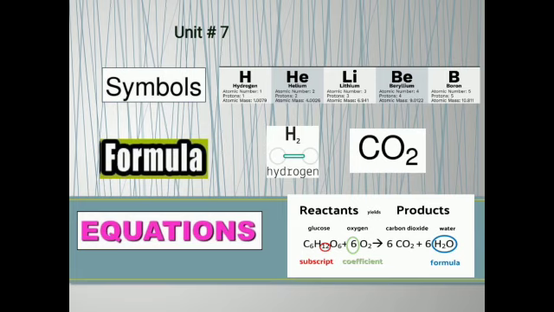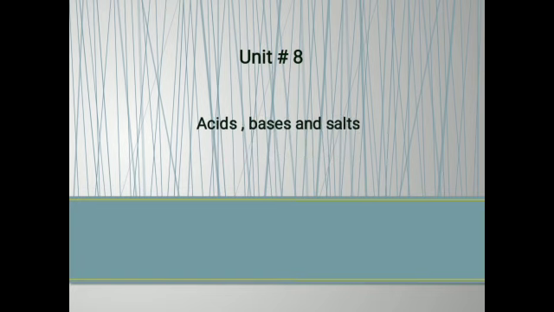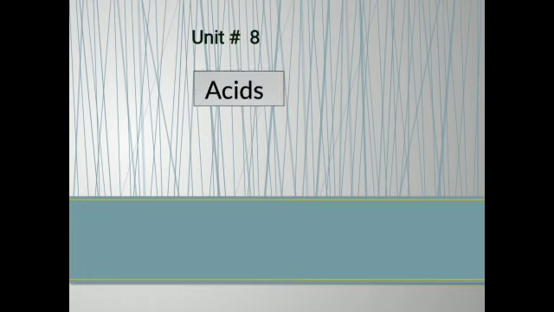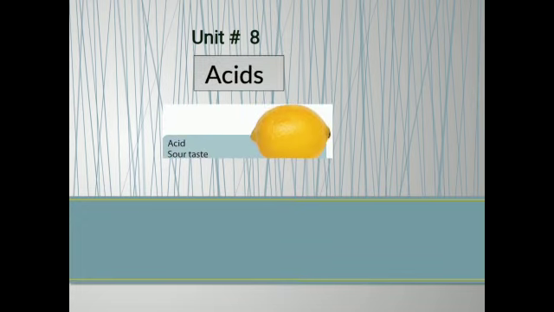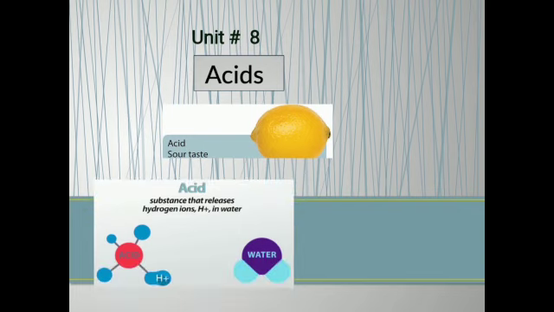Now let's talk about unit number 8, acids, bases and salts. Now what is an acid? An acid has a sour taste and is a substance that releases hydrogen ions in water or in aqueous solution, right? And the word acid was introduced in chemistry to name those compounds which have a sour taste. Fruits that taste sour contain acids, for example, lemon, orange. Grapefruit contains a weak acid.